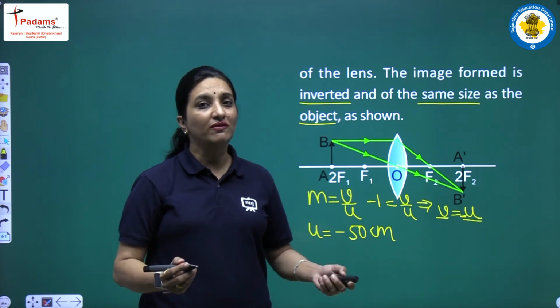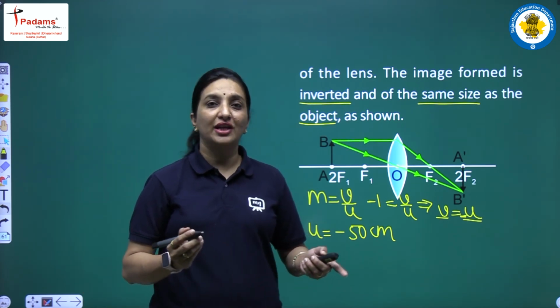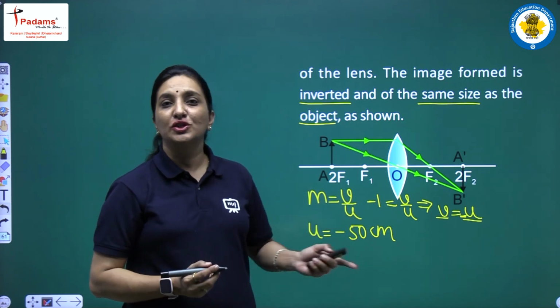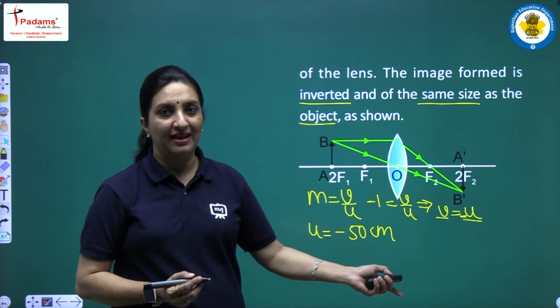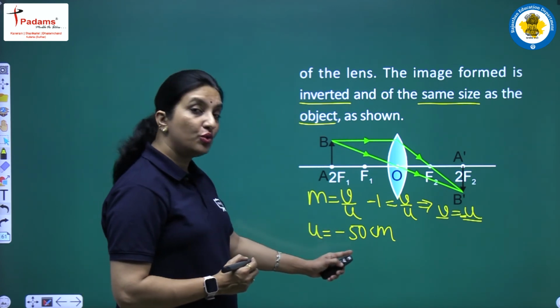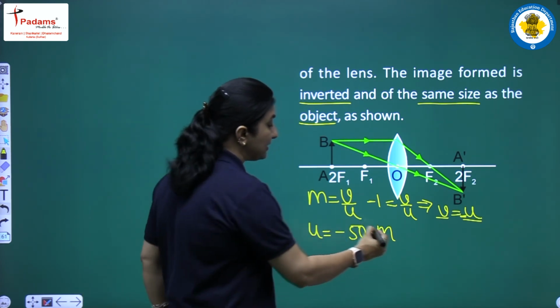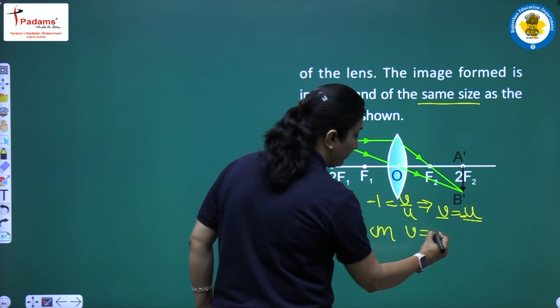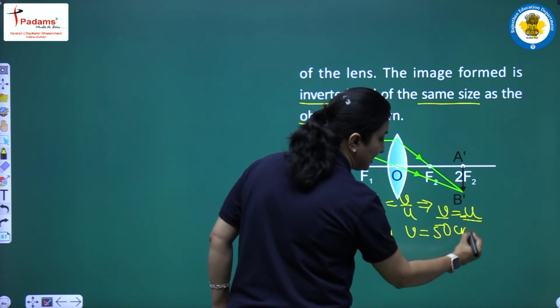We can say that U is in front of the lens, so the value of U is going to be negative. We have proved this mathematically also. So we have the value of U as minus 50 centimeters and the value of V as plus 50 centimeters.